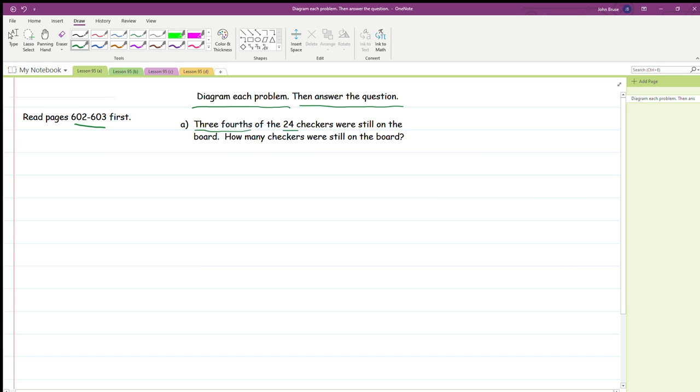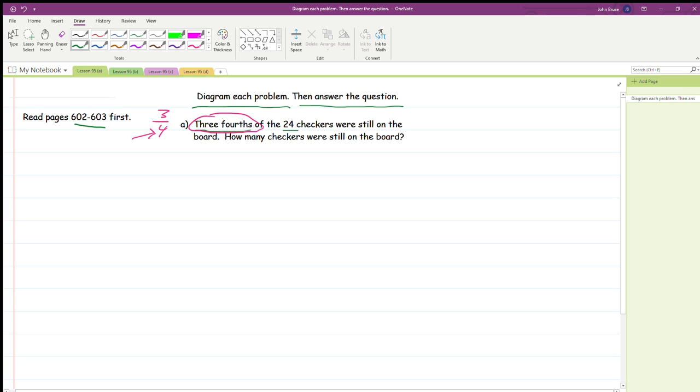Well, the first thing I want to do is make a diagram that has 4 parts, because we know that 3/4, which is this number here, we know that the denominator, the 4, is how many groups we're going to make.